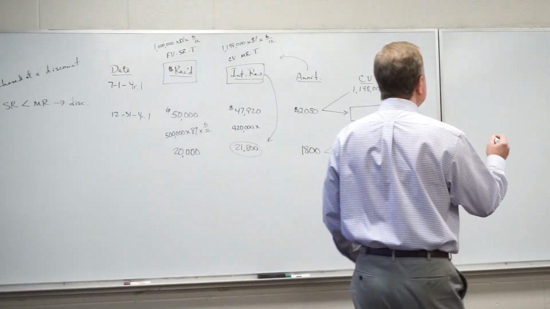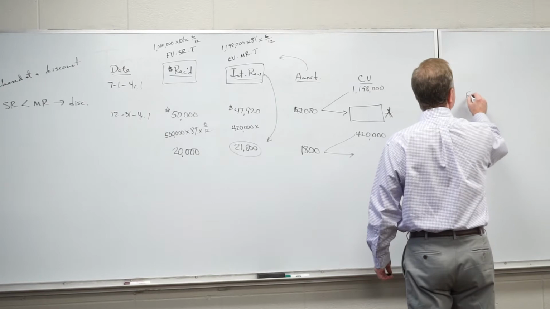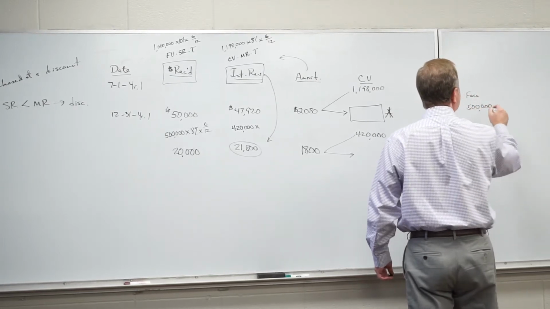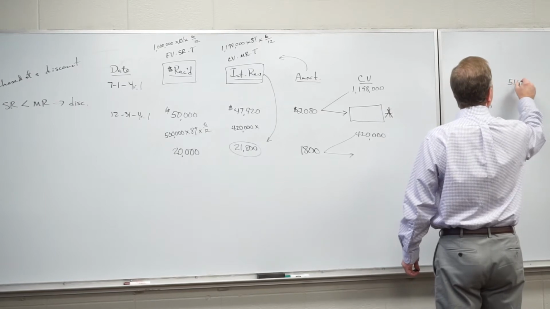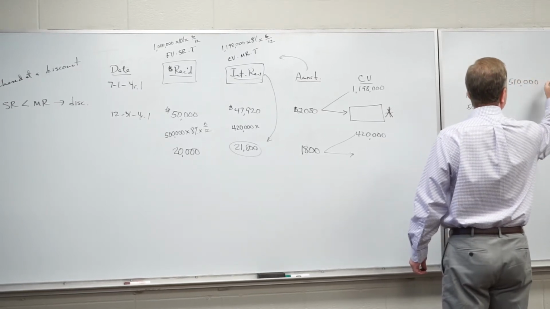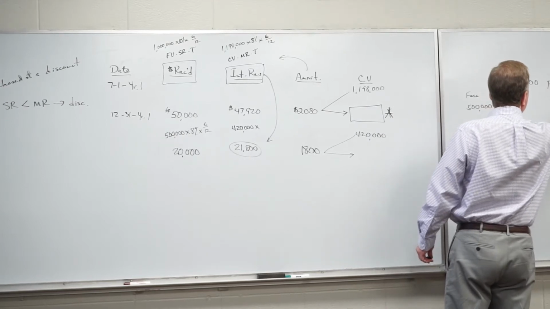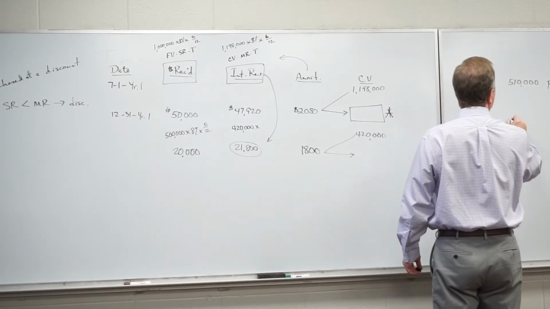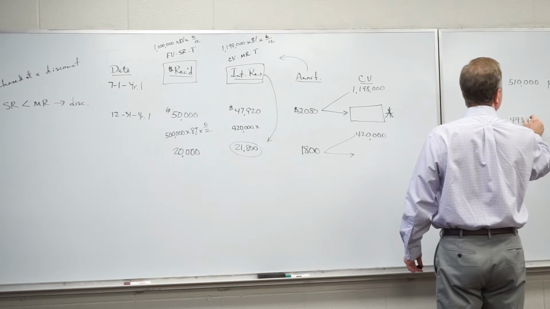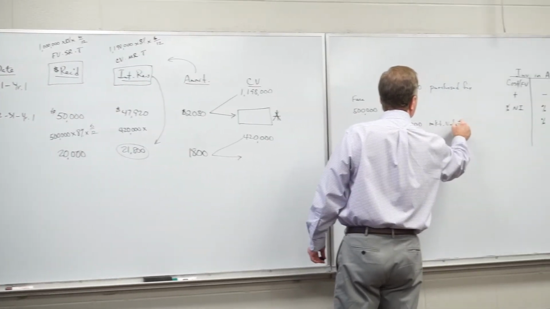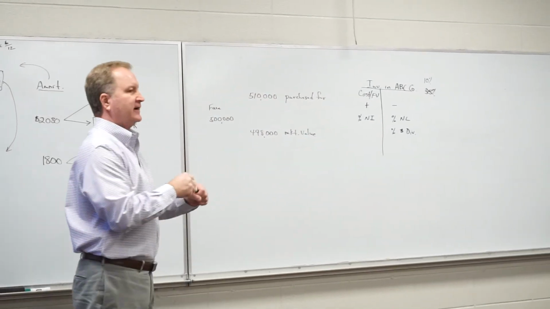Okay, let's say that the face is $500,000. You bought them for $510,000. Now, the bonds are selling for $498,000.